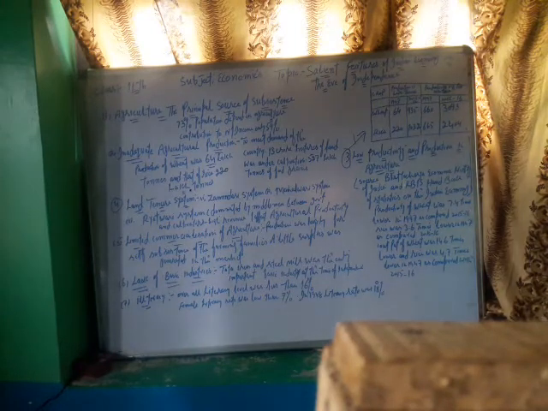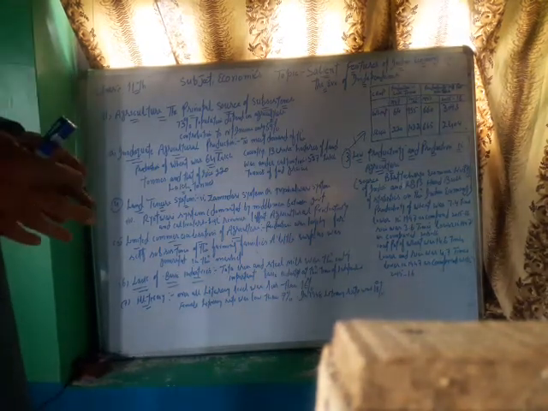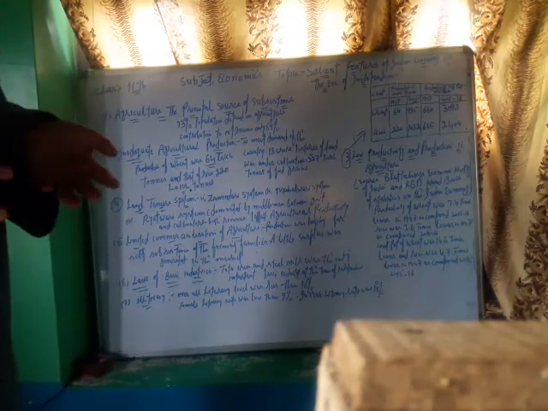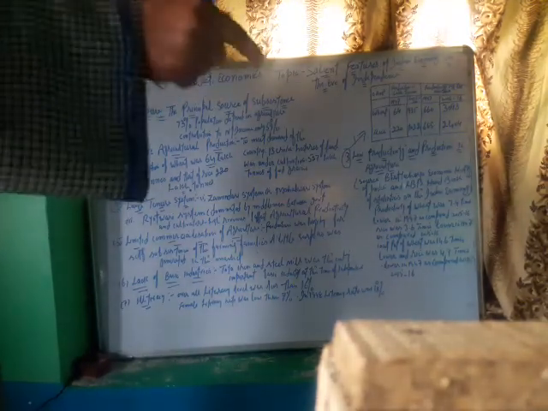Now let's come to the fifth point. It is limited commercialization of agriculture. Production was very low, or in other words, we can say it was insufficient, largely self-subsistence for the farming families.